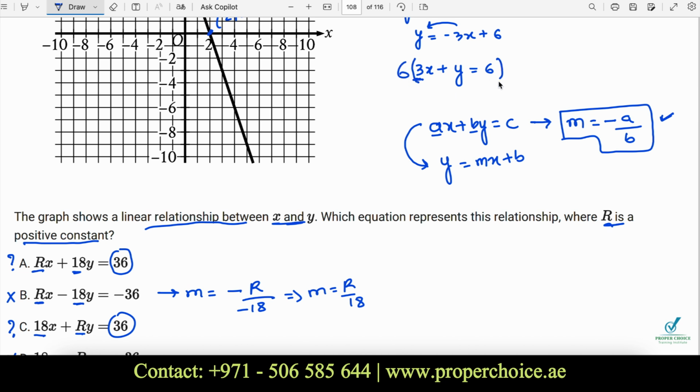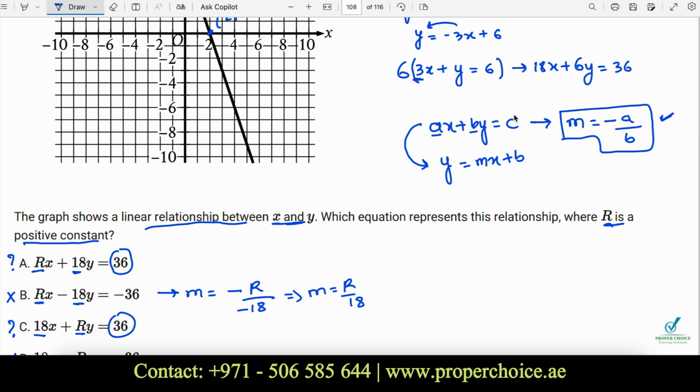See, I am rearranging them based on the options that have been given. When you multiply this by 6, the right-hand side turns out to be 36. Every term should be multiplied; you can't multiply just a single term. So this becomes 6 times 3, which is 18x, plus 6 times y, which is 6y, equal to 36.